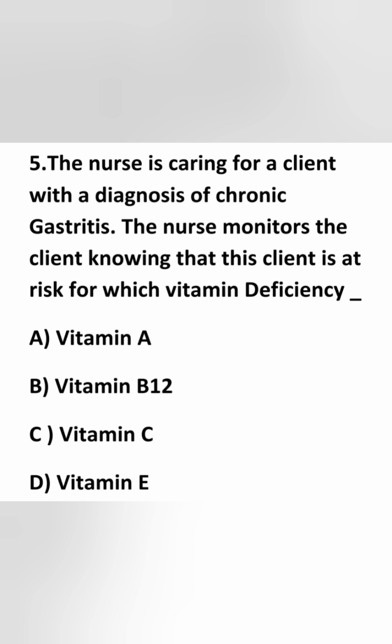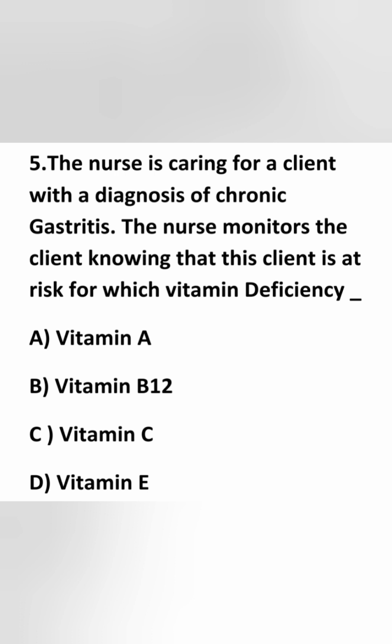Chronic gastritis causes destruction and atrophy of the lining of the stomach. Once the lining is deteriorated, it may cause loss of function of the parietal cells in the stomach. Parietal cells usually secrete HCl and intrinsic factor.